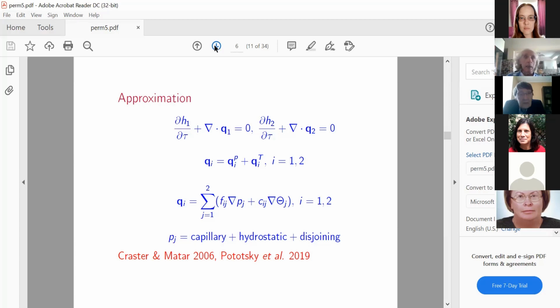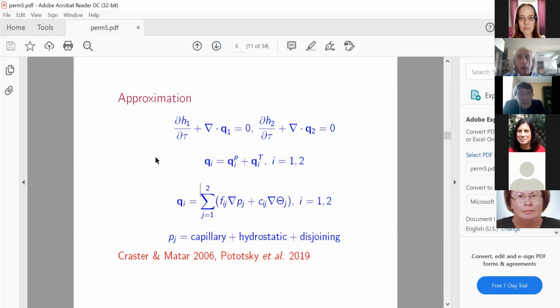In this case, the problem can be drastically simplified because the fields of pressure, velocity, and temperature are just enslaved to deformation.